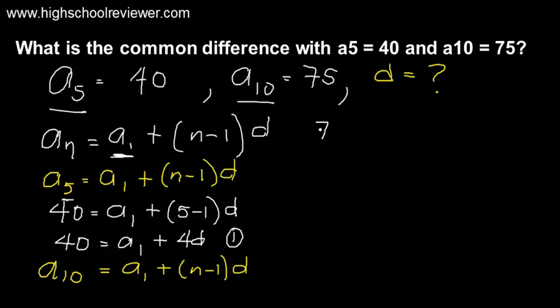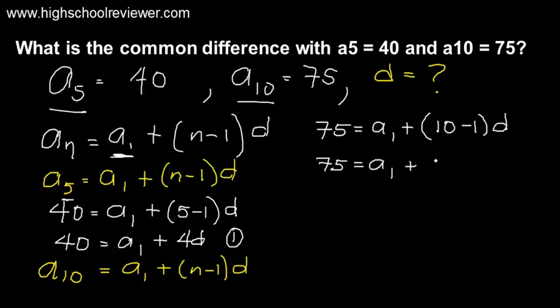So we have here 75 is equal to a sub 1 plus, since this is the 10th term, our n here will be 10 minus 1 multiplied by d. So 75 is equal to a sub 1 plus 10 minus 1, which is 9, 9 multiplied by d is 9d. This is our equation 2.